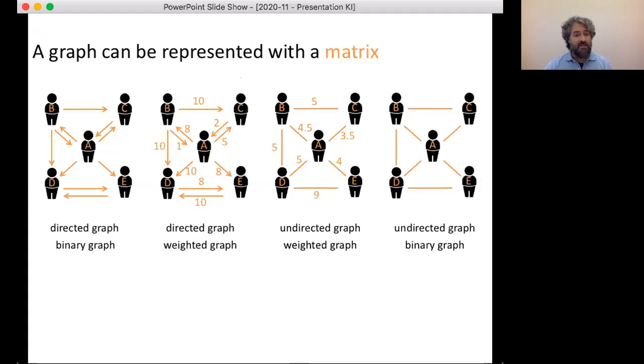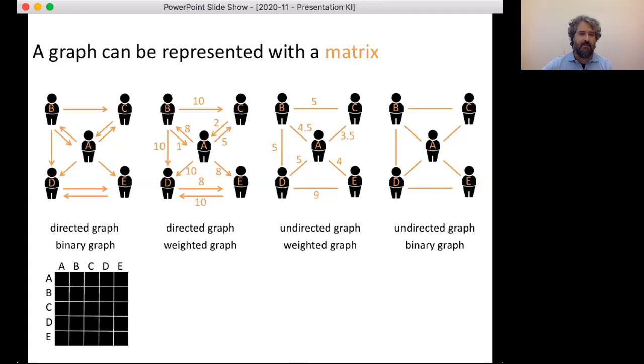One way to represent graphs is by using matrices. So here you will see that it's a very powerful way. This is called the adjacency matrix. And you see that in this matrix we have the individuals in each column and in each row, A, B, C, D, E. So then the question is, is A connected with each one of these individuals? So is A connected with A?